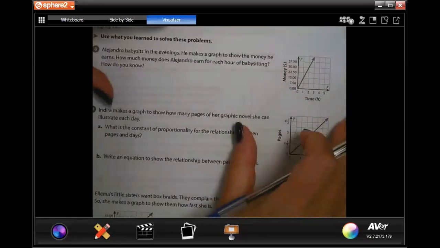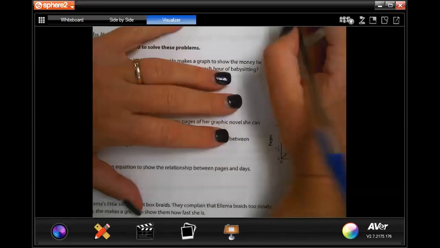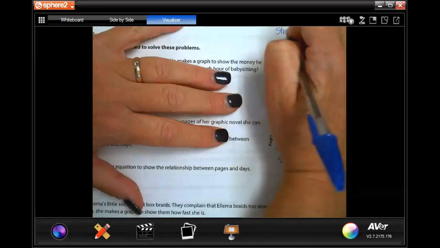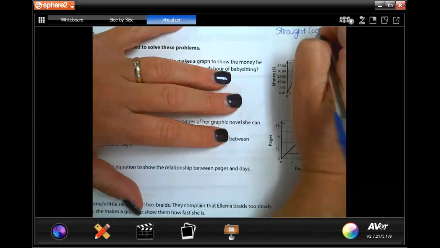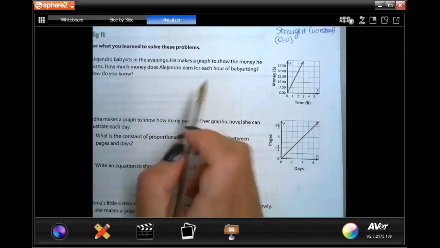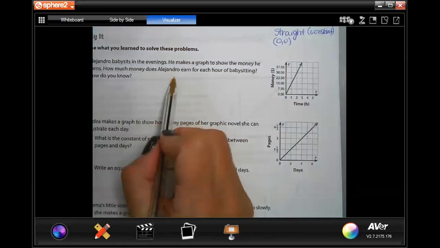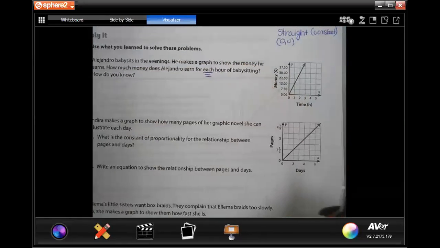So yes, good job, you guys. We know that these are proportional because it is a straight line. That means it has a constant, and it goes through 0, 0. Okay, cool. So now the next question is, how much money does Alejandro earn for each hour of babysitting?